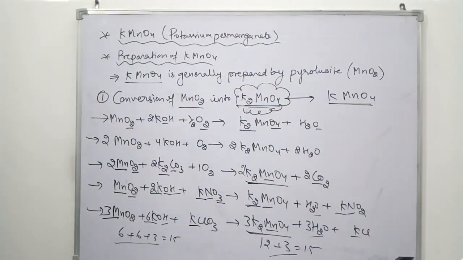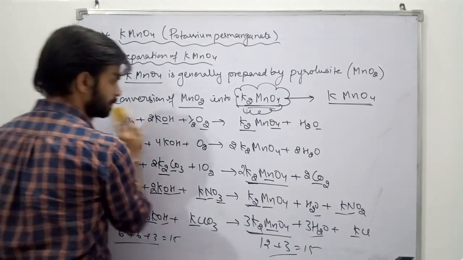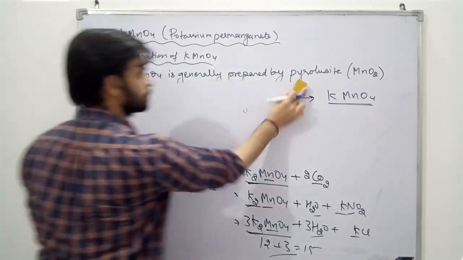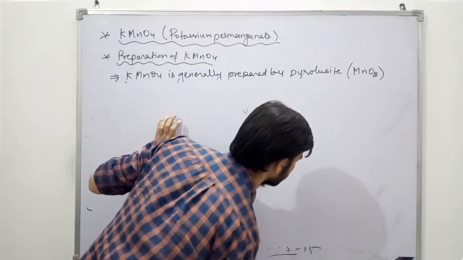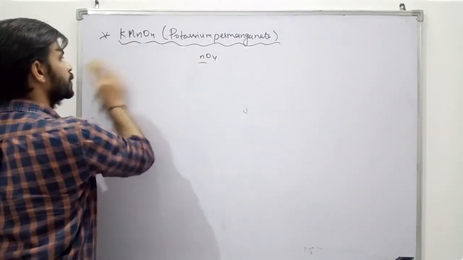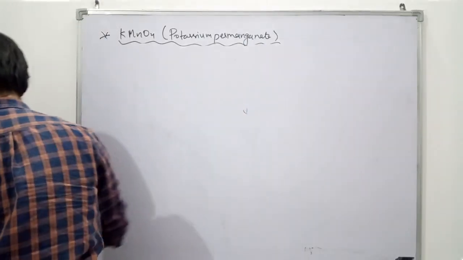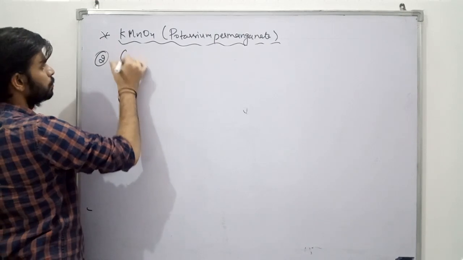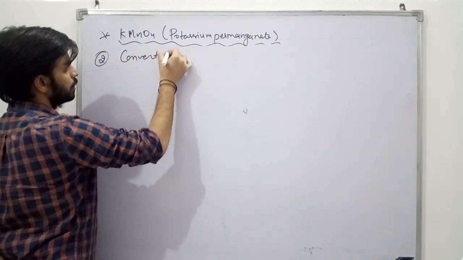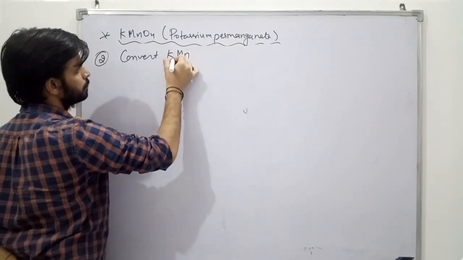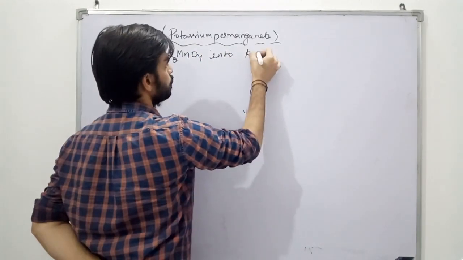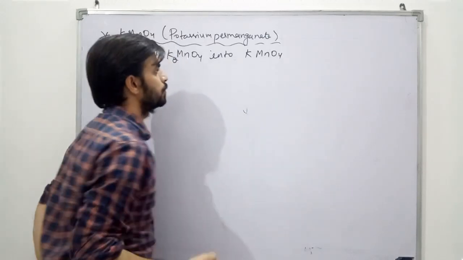Let's start the second step. In the second step, we have to convert potassium manganate into potassium permanganate, that is KMnO4.